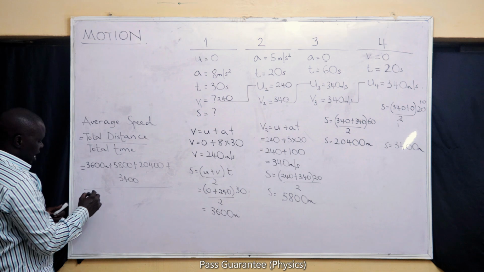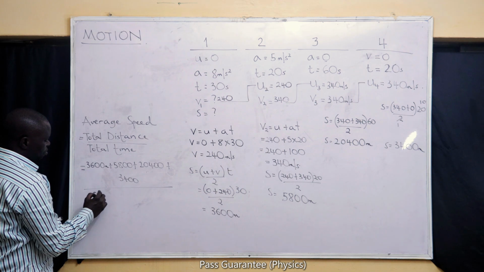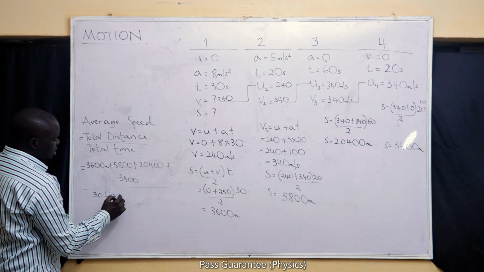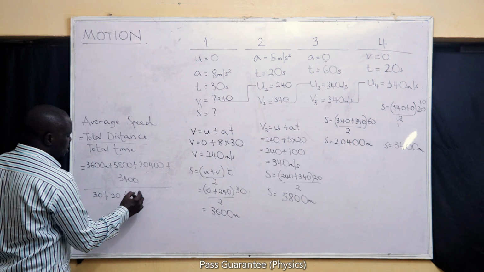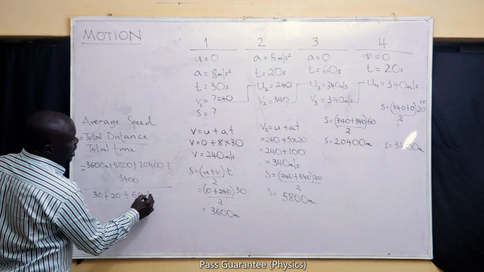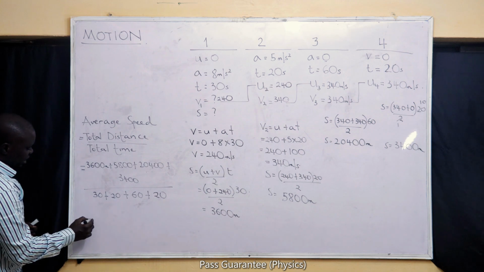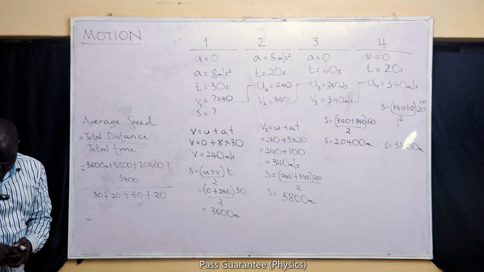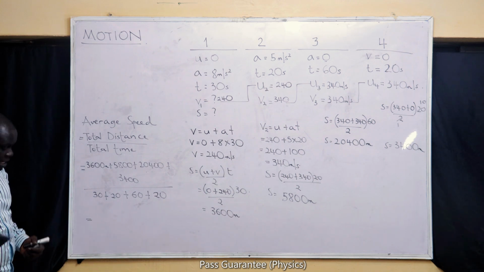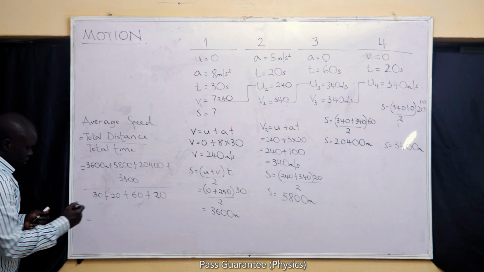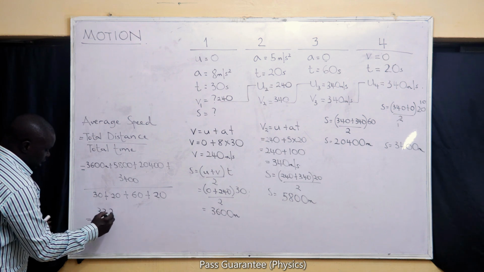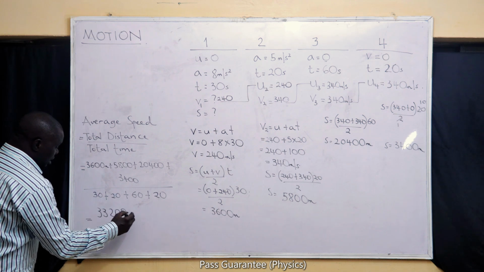The first part had a time of 30 seconds, the second part had a time of 20 seconds. The third part took a time of 60 seconds. The next part took a time of 20 seconds. So I can find the total distance by adding all of the values that I have. 33,200 meters is the total distance.